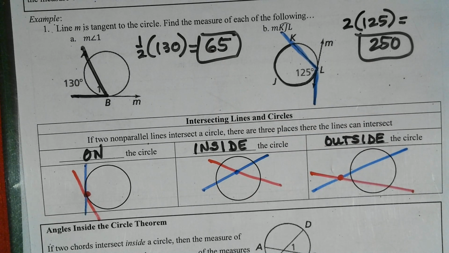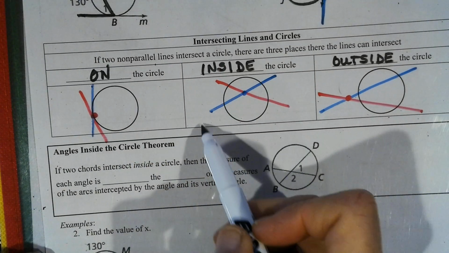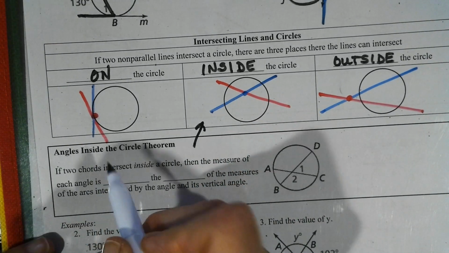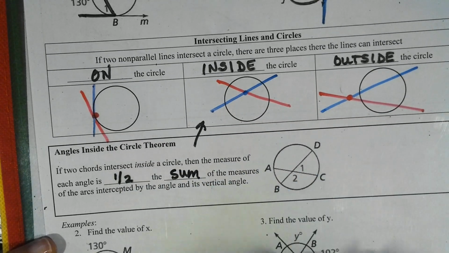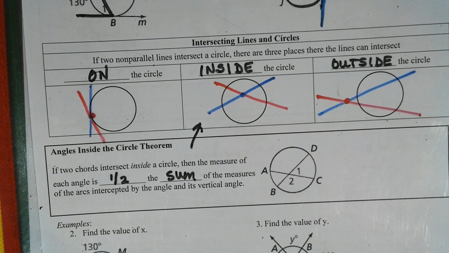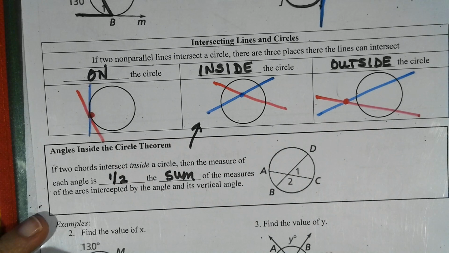So we have a theorem about this. If two chords intersect inside a circle, that's this one here, then the measure of each angle is 1/2 the sum of the measures of the arcs intercepted by the angle and its vertical angle.